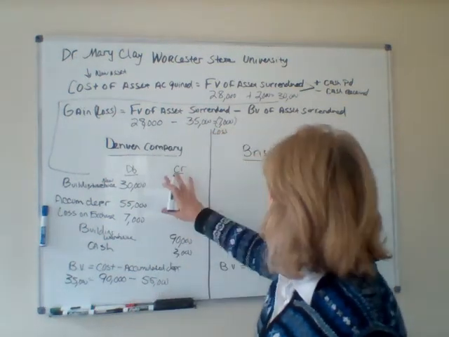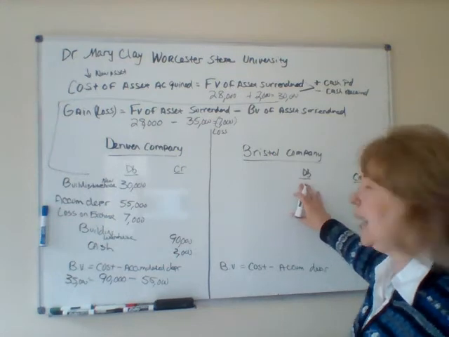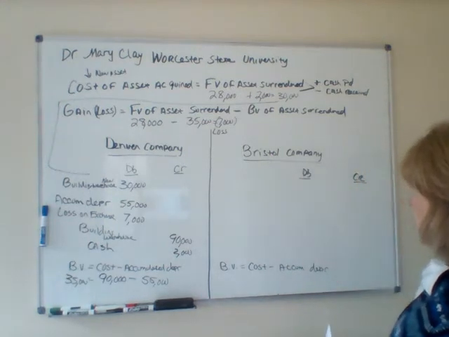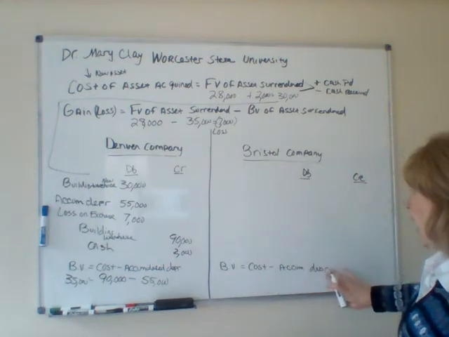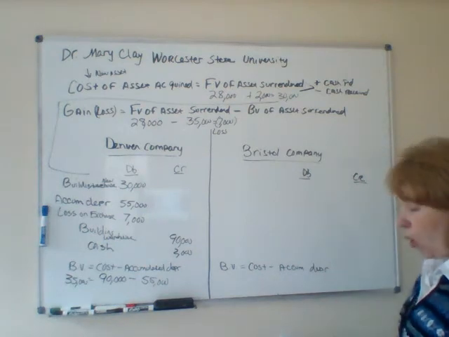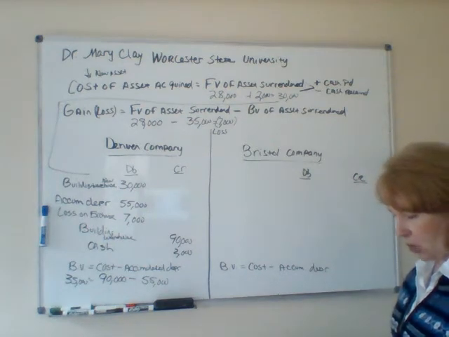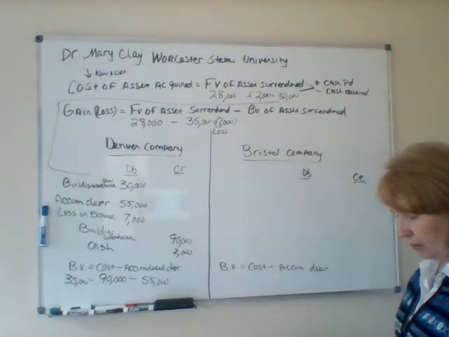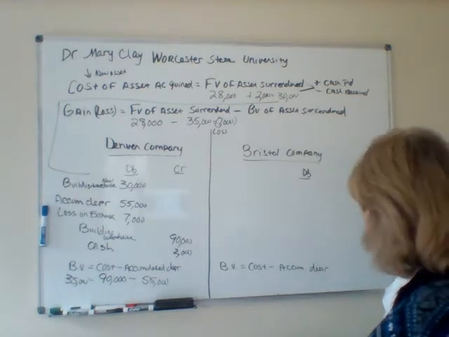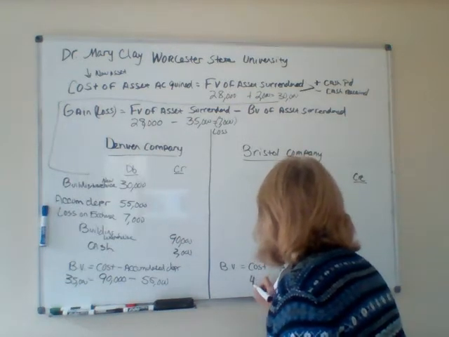All right, so let's go over Bristol Company next. Let's first figure out the book value of the old asset. All right, so I look at Bristol Company. Their old building, the cost was $45,000.